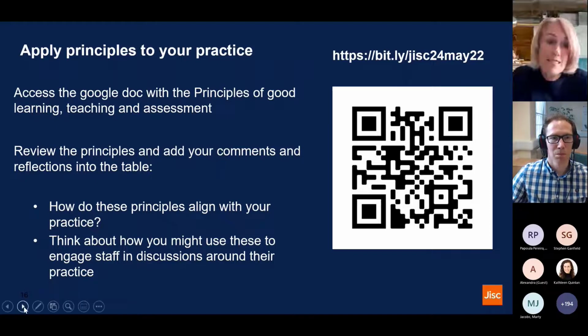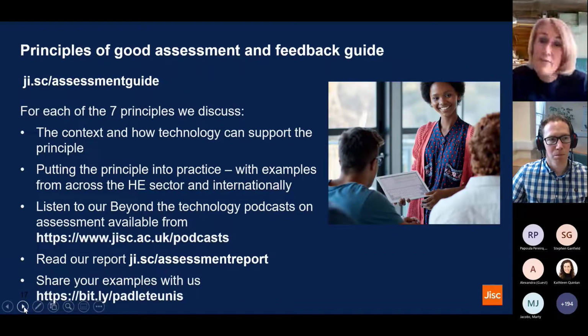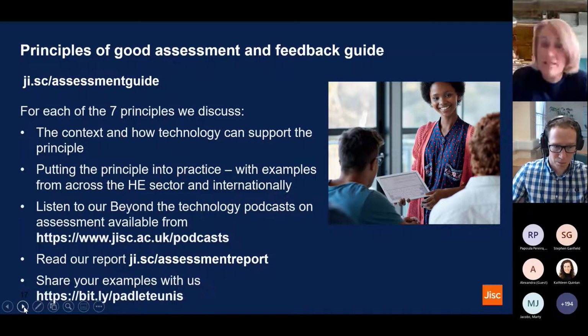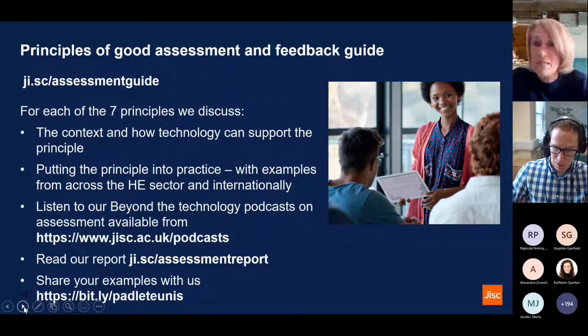So a final slide to end off with: we have our guide, in which the 7 principles are described in more detail. We've got examples of how technology can support those principles and some excellent case studies. Linked to that, we've got a lovely series of podcasts of experts across the sector sharing how they are developing their assessment and feedback practice moving forward.